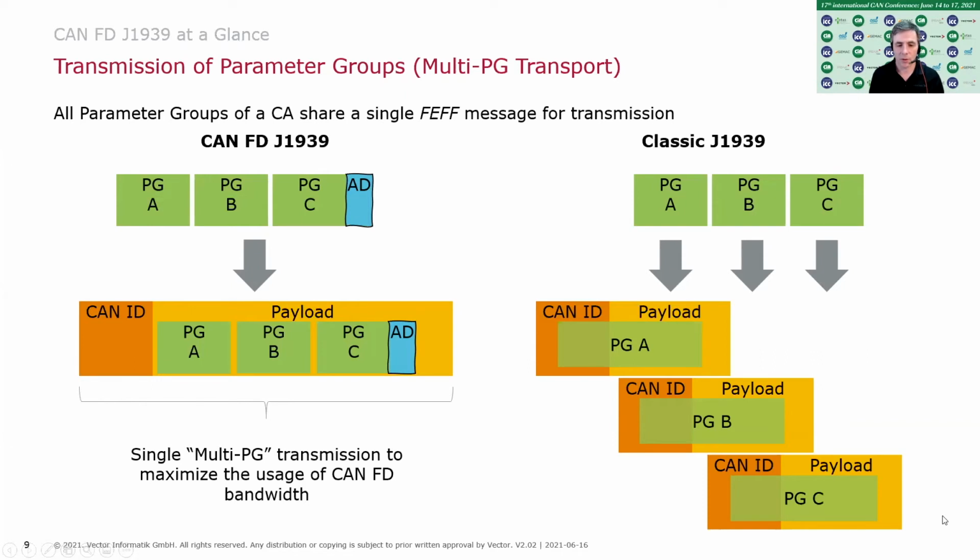So you do not transmit the assurance data for the complete CAN frame. It's just assigned to this parameter group C, which later on allows you to extract parameter group C together with the assurance data and move it as one package to another network, maybe to Ethernet or to another CAN network.